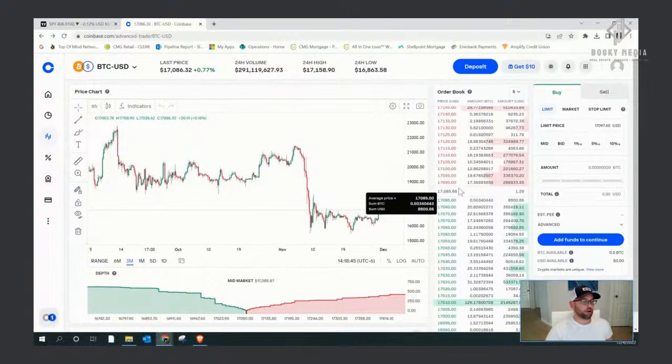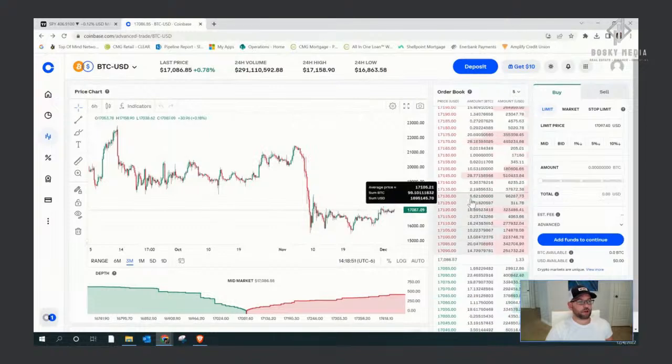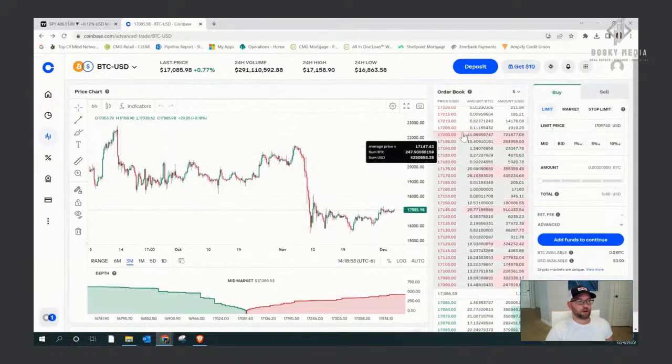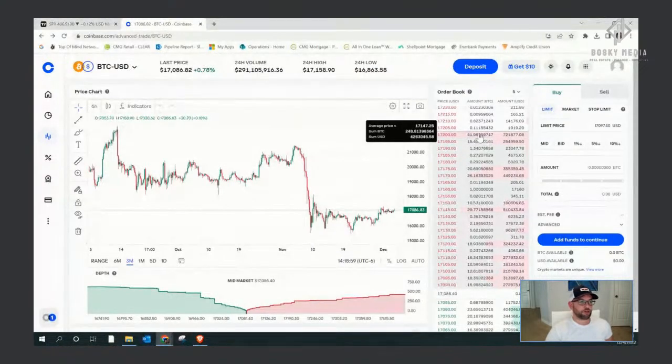I'll tell you how not to use order books. Sometimes people will look up here and say, oh, there's a 40 right here, a big wall there, and they think you can trade based on this. Like 17,200.